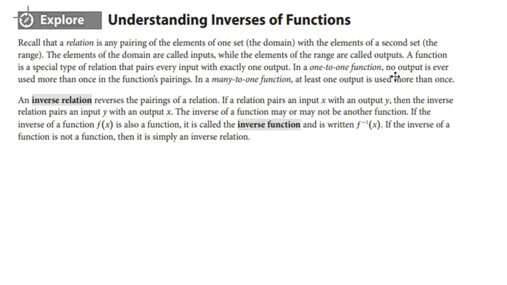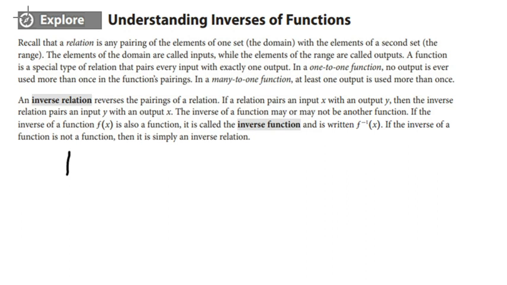In a one-to-one function, no output is ever used more than once in the function's pairings. In a many-to-one function, at least one output is used more than once. And so I'm going to give an example of that first paragraph of a one-to-one relation and a many-to-one.